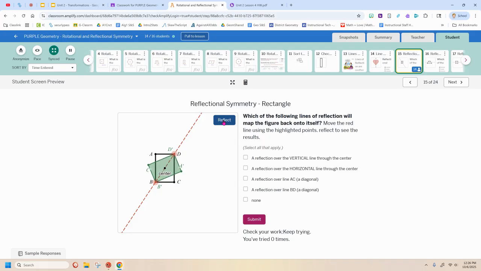Does it work to reflect it over a diagonal? No. So that is where they will try to get you. So what's the only thing that worked? Vertical and horizontal. Submit. Okay, that works. Great. Let's go to the next slide.